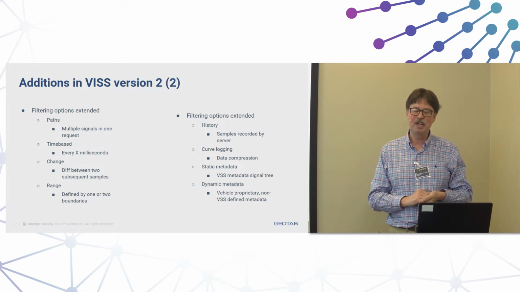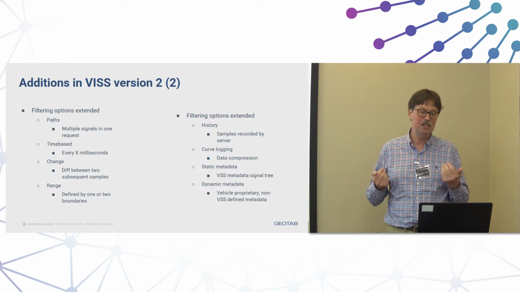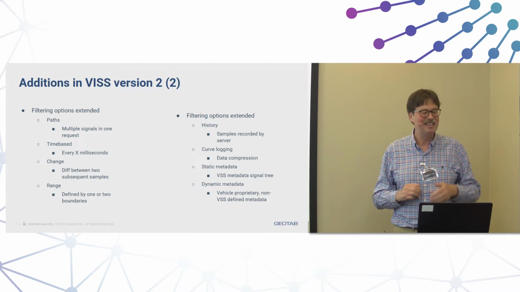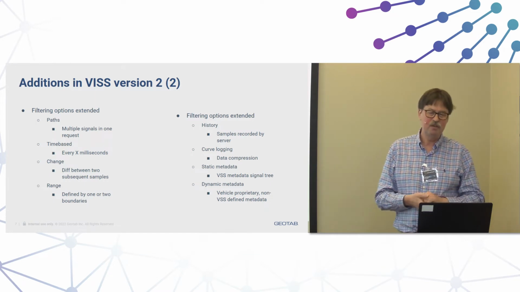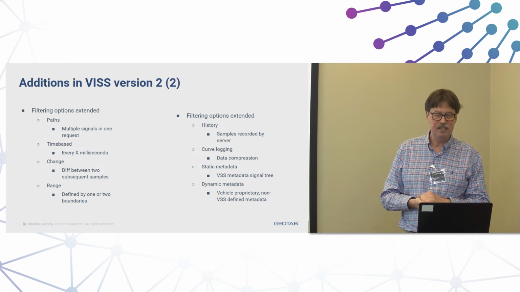So you can compress and say that I will have as few values back as possible, but the error at any of the samples must not be larger than X. So that it works very well. We use it extensively at Geotab, and we wanted to make it open for anyone to use, which is now supported here in this standard.